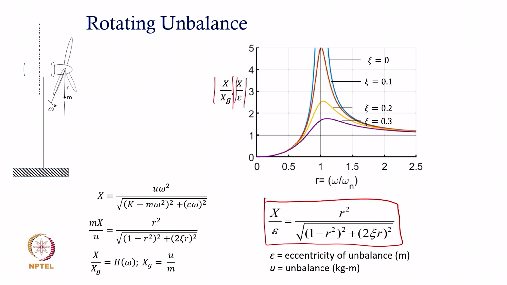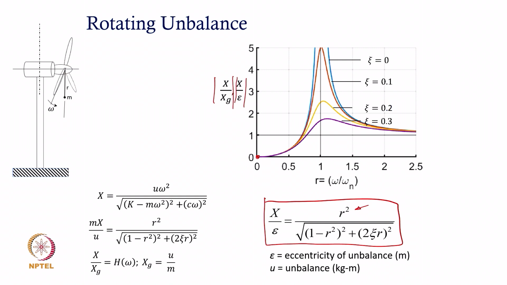Okay. So, as expected, if the frequency of rotation is 0, then the numerator will be 0, and so the response variation starts with 0 at 0 rotational speed, which is expected physically. There is no excitation frequency, there will be no response.